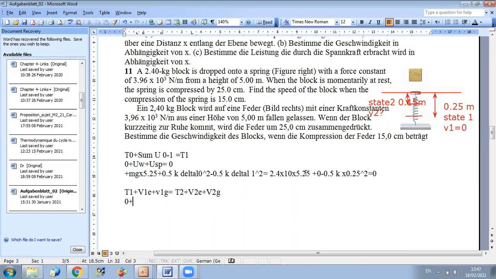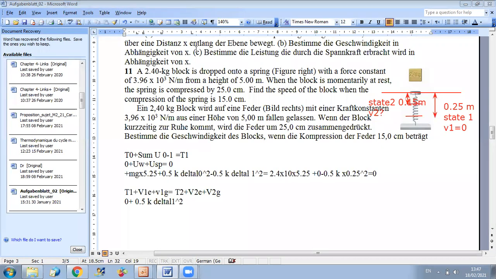Now plus, what is the elastic potential energy by definition? The elastic potential energy is 0.5 times K times delta L1 squared. Plus, for the gravitational potential energy, is it positive or negative here? Negative, yes, it is negative because I am below the datum.